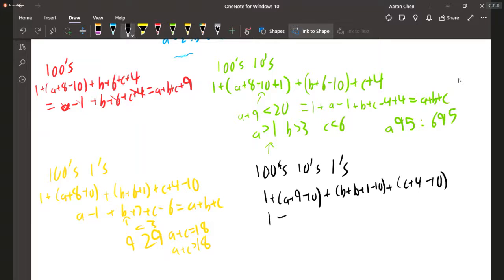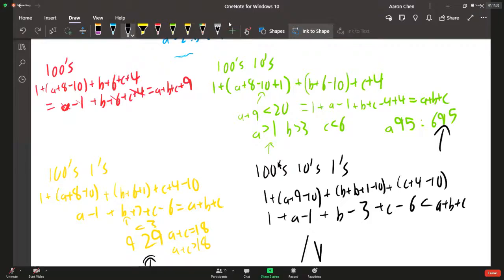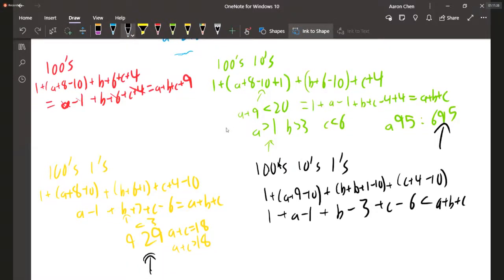And so this is 1 plus a minus 1 plus b minus 3 plus c minus 6, which is clearly less than a plus b plus c. And so now we have the minimum values from the two cases that we showed have solutions. And clearly the smaller one is 695.